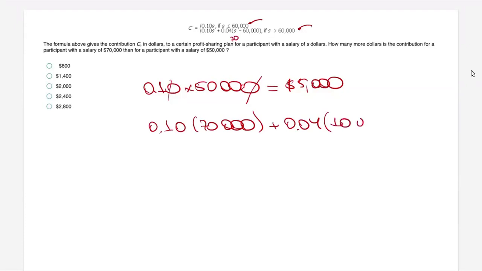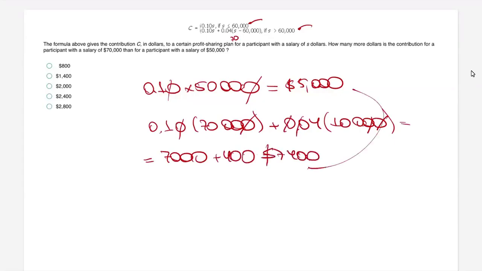That is 10K. I will cut here: 70K, 7K and 12, 12 plus 400, 7,400. So the difference is 2,400. Okay.